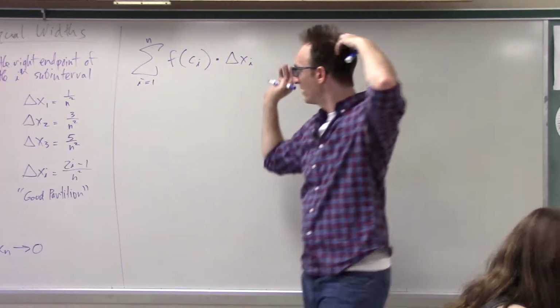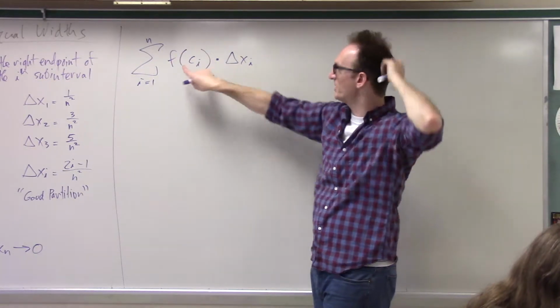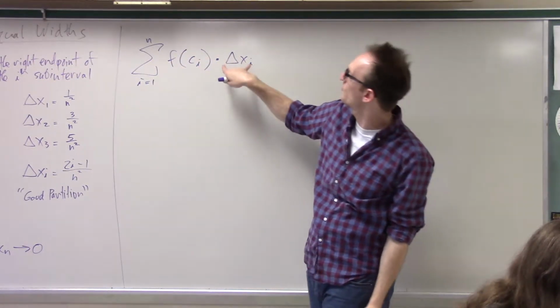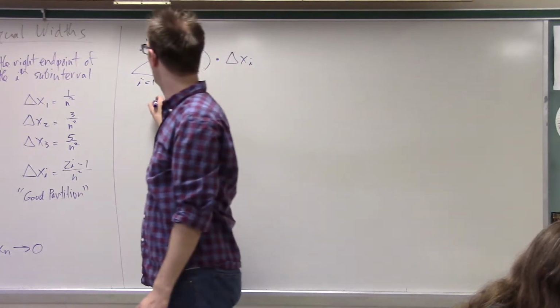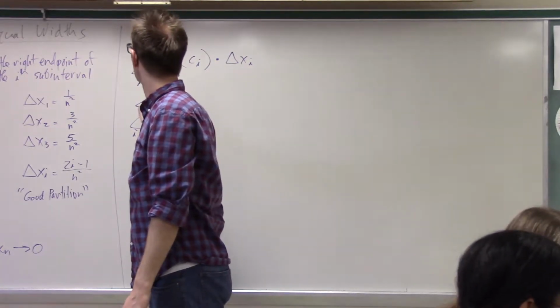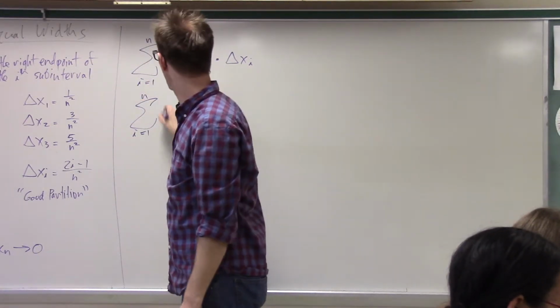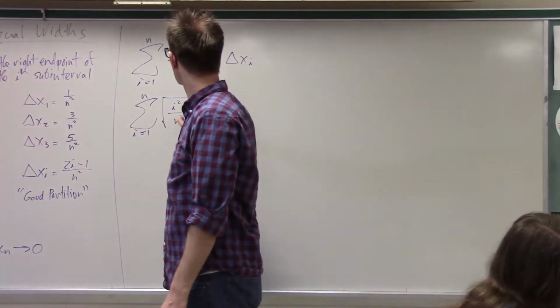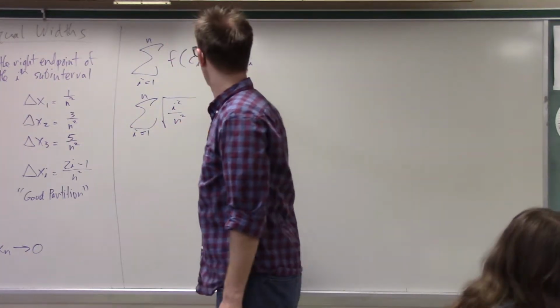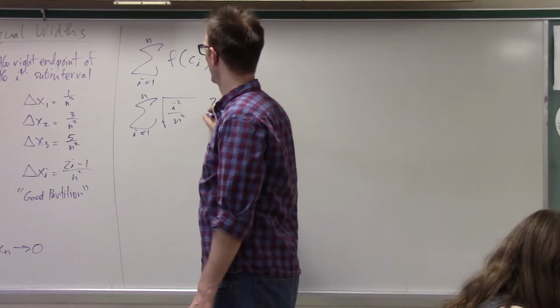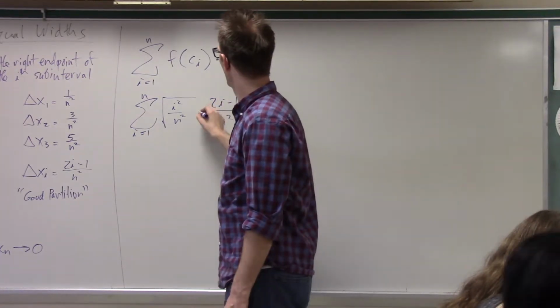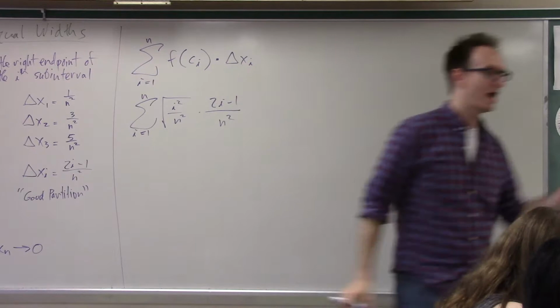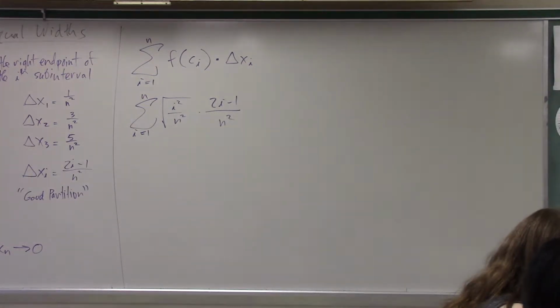So the area of the ith rectangle is the height times the width, and we've developed formulas for these things. f is the square root function, and c sub i was defined to be i squared over n squared. And we also have a formula for the width: it's 2i minus 1 over n squared. Now you see why we put in all this weird effort, because the square root is going to disappear. Now just finish off this problem.